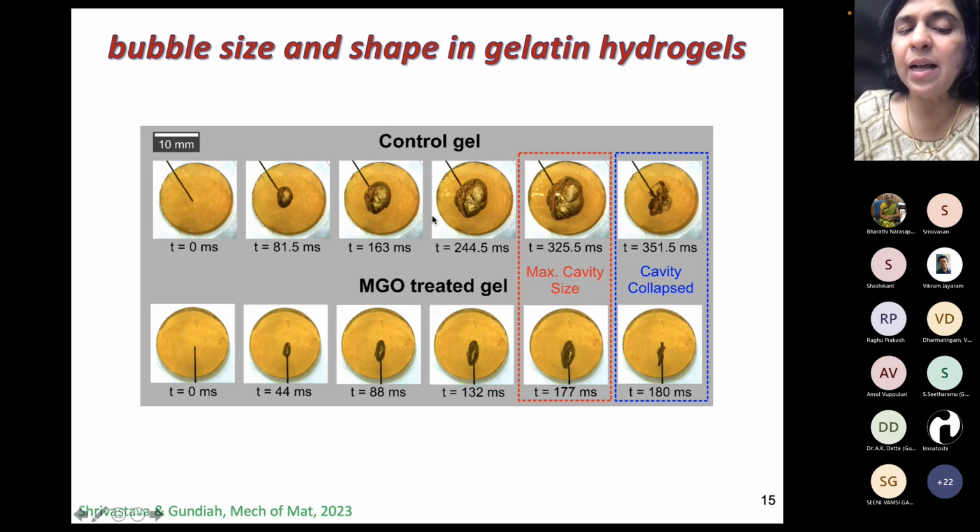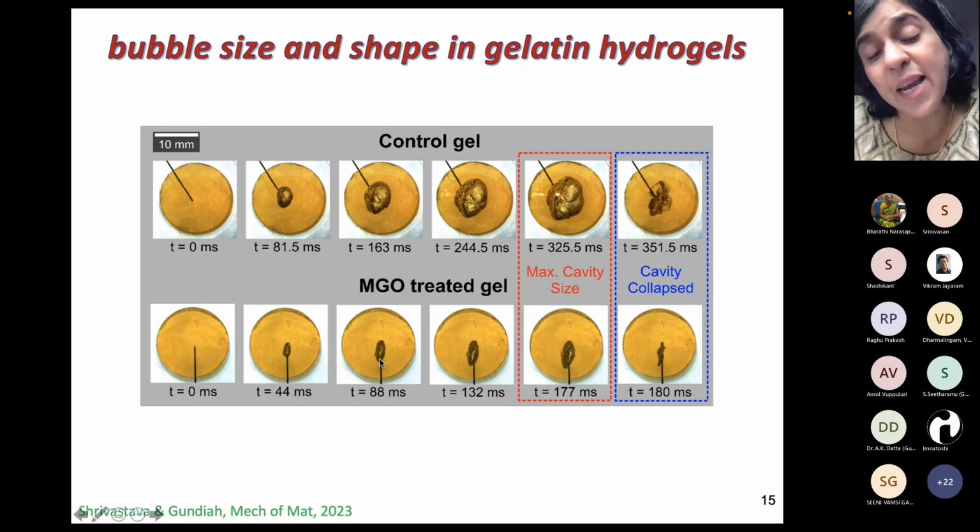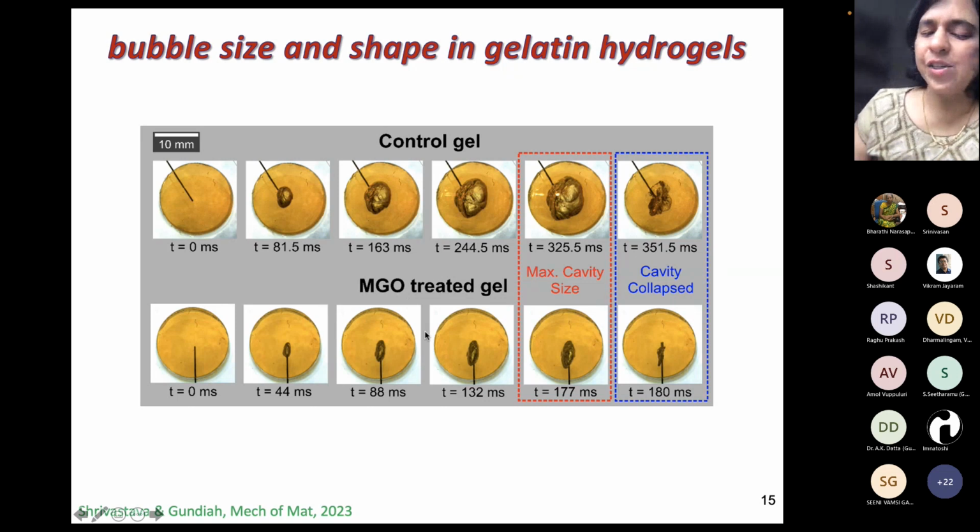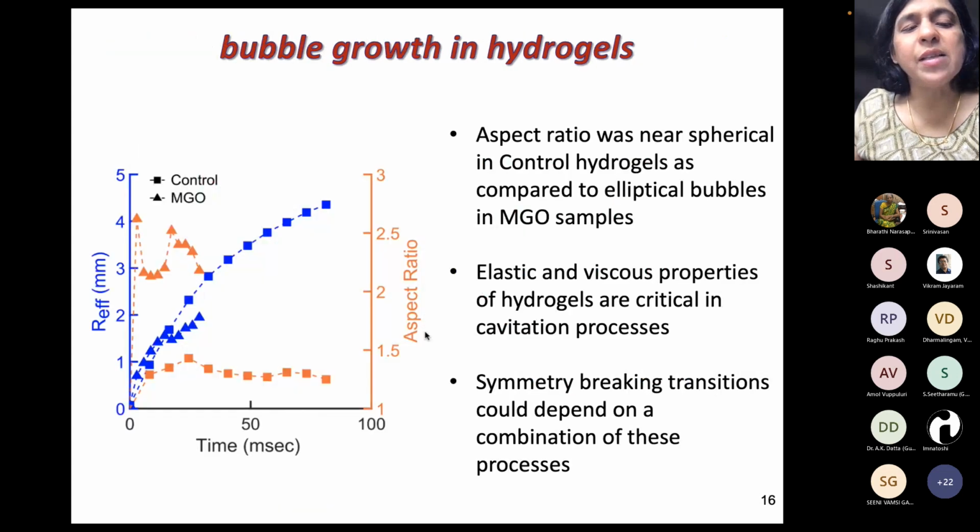So we are saying that what we are showing is a symmetry breaking transition which happens in the same hydrogel with a single change, which is a change in the modulus that we have introduced in this hydrogel. That really intrigued us on what causes these kinds of symmetry breaking transitions.